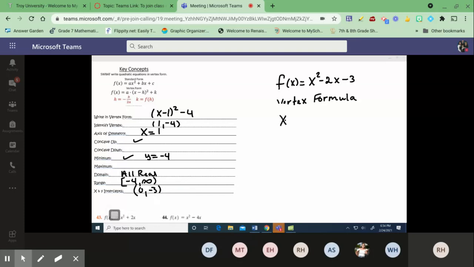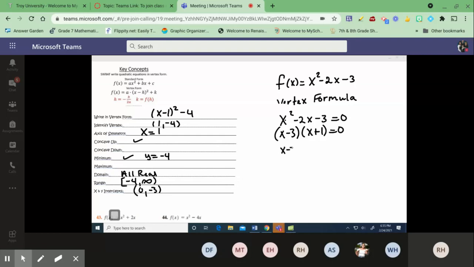There you go. X squared minus 2x minus 3 equals 0. I can do x minus 3 and x plus 1. Don't forget that last step.